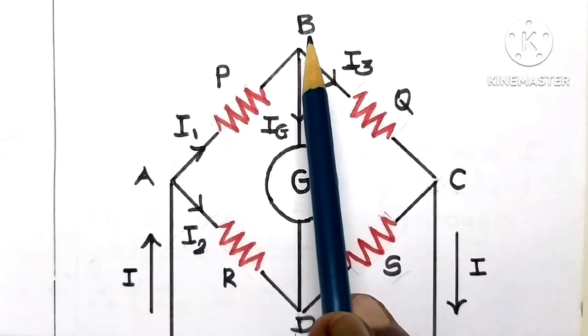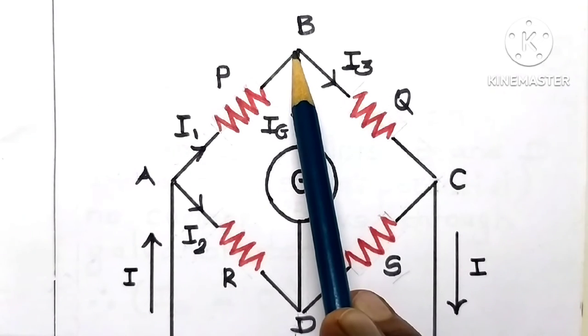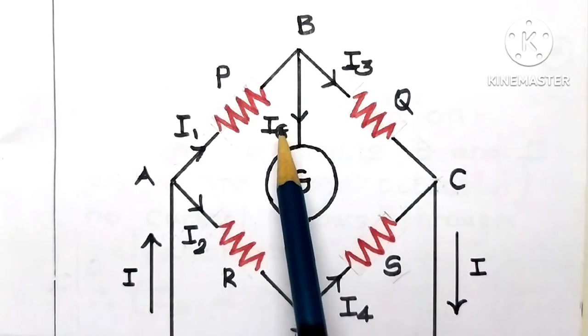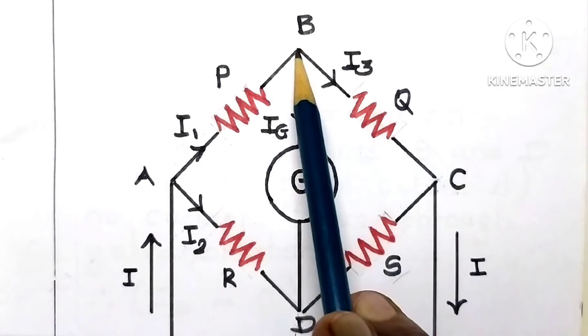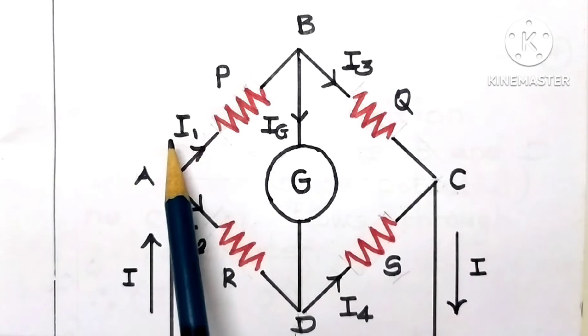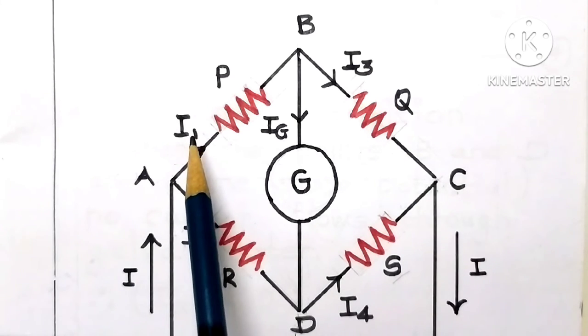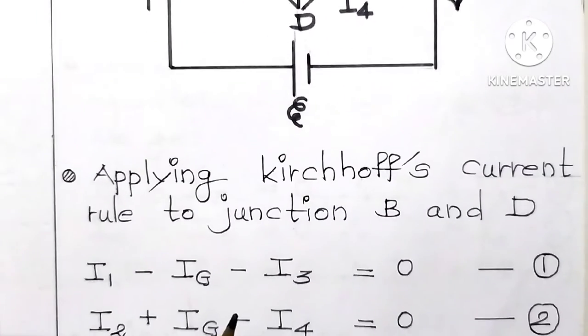So, what about this junction B? The current I1 enters it. At the same time, the currents Ig and I3 leave from this junction. So they are taken as negative, whereas this current I1 is taken as positive. Now let us come to this equation.